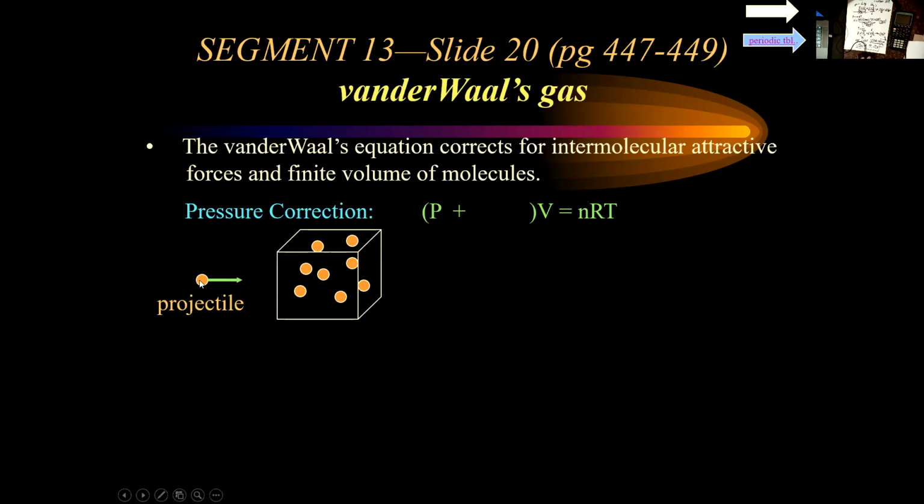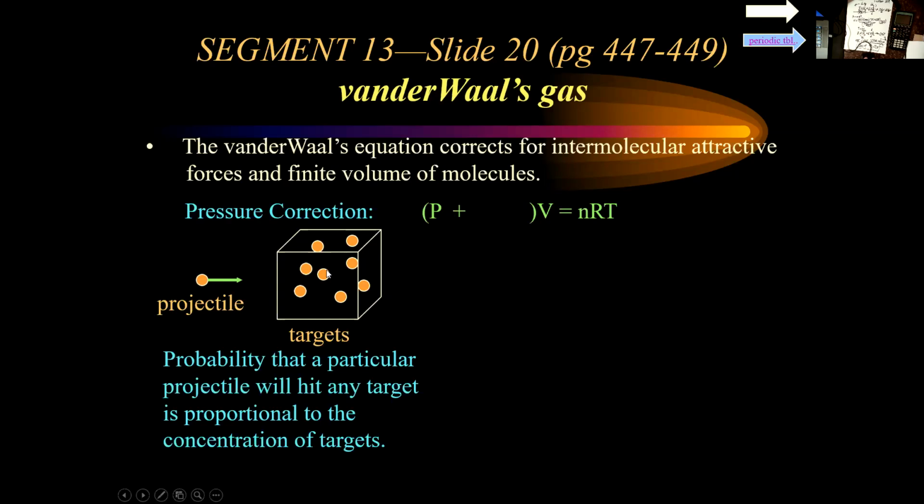What's the probability that this projectile will hit one of these target molecules? Well, it's proportional to the concentration. The higher the concentration here, the more likely it is one of these is going to hit one of those. So the probability of a collision is proportional to the concentration of the targets.